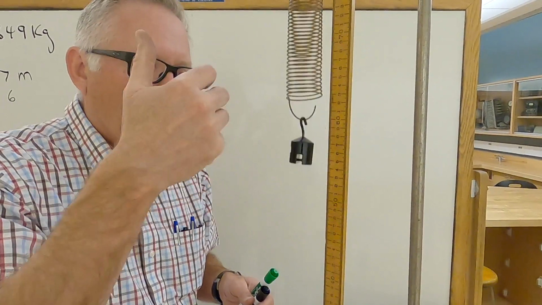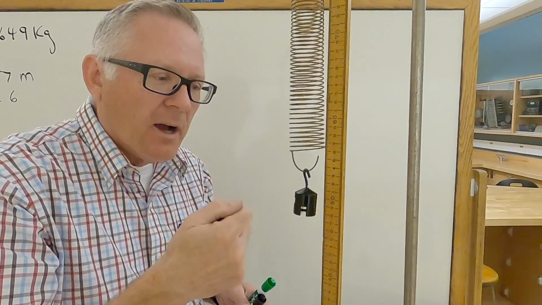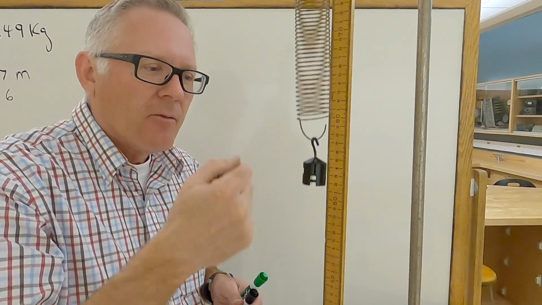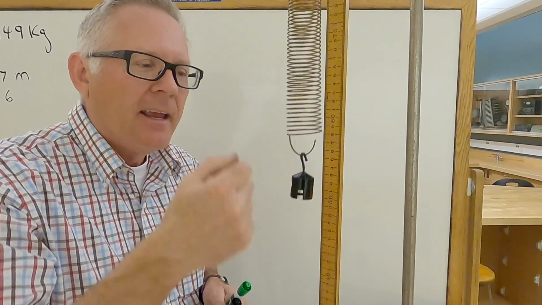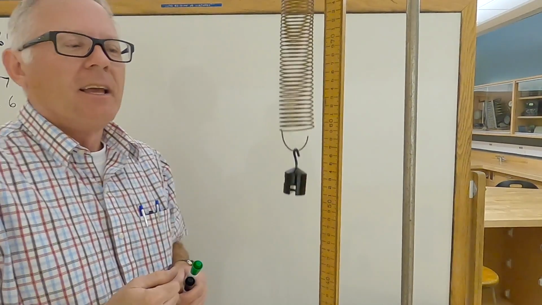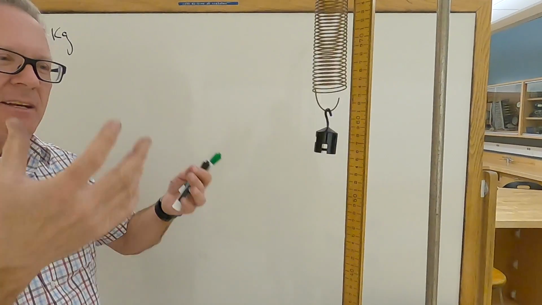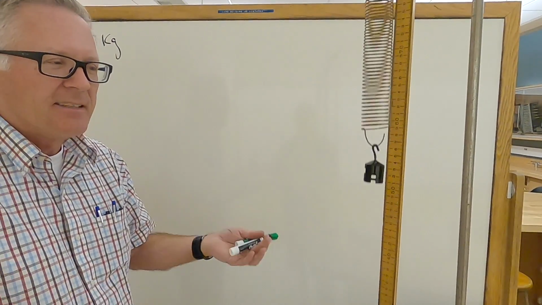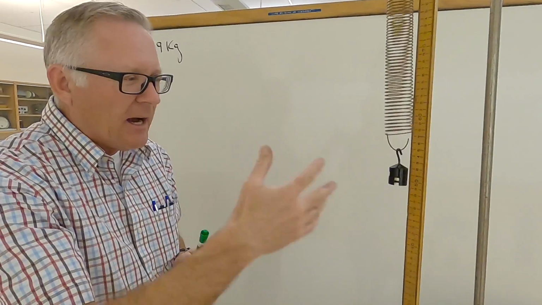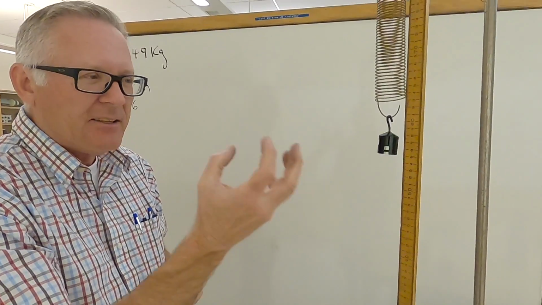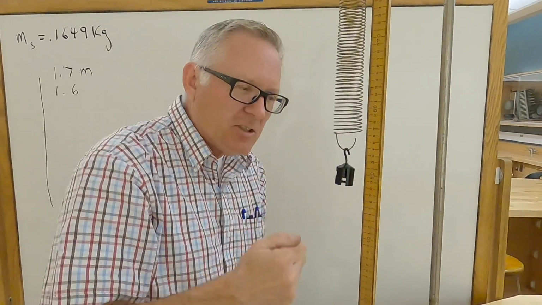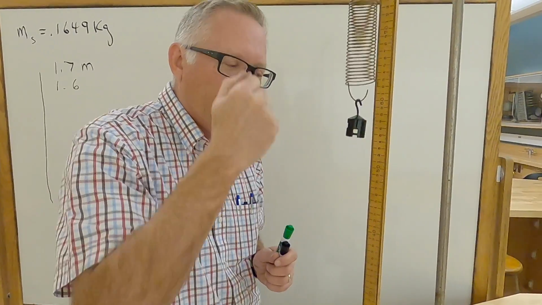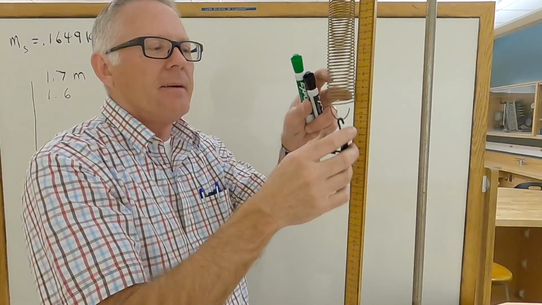So you're going to go 0, 1, 2, 3, 4, 5, 6, 7, 8, 9, stop right there. And so now you take that time and divide it by 10, and that would give you the time for this one. You might even do it a few times just to make sure that you get the correct time. Just make sure when you're measuring you go 0, 1, 2, and then stop at 10.